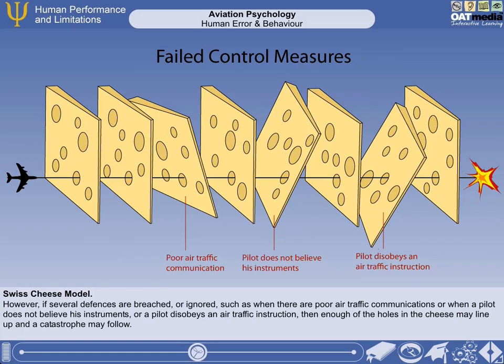However, if several defenses are breached or ignored, such as when there are poor air traffic communications, or when a pilot does not believe his instruments, or a pilot disobeys an air traffic instruction, then enough of the holes in the cheese may line up, and a catastrophe may follow.